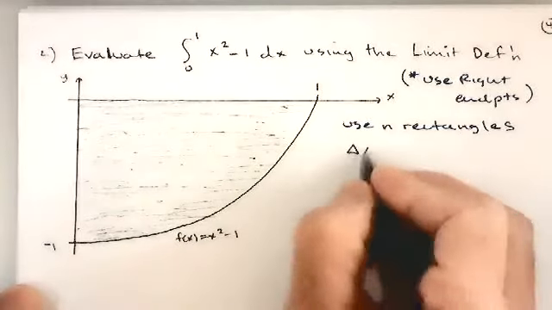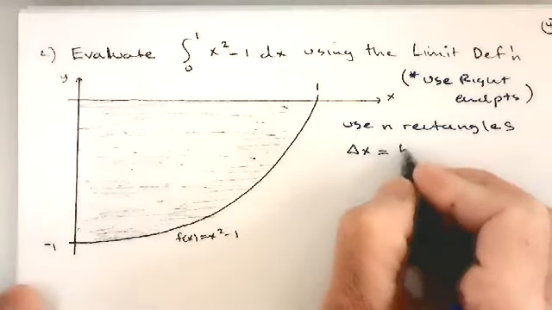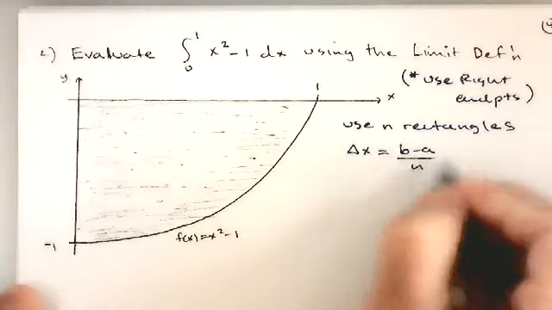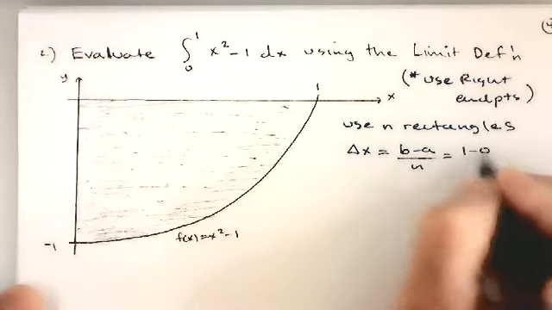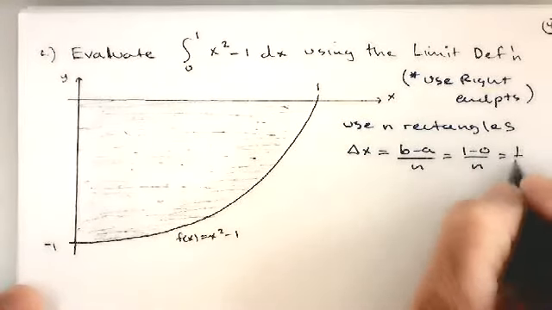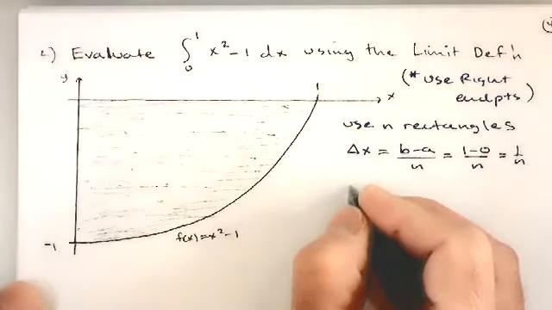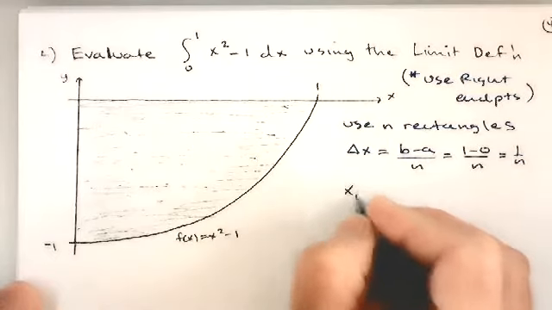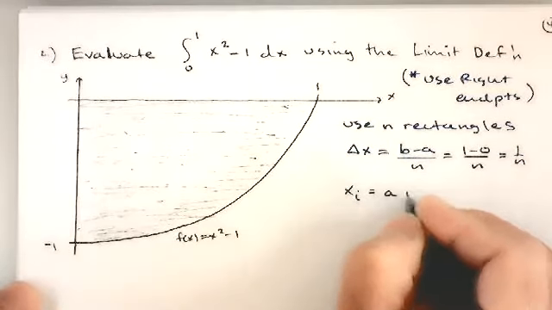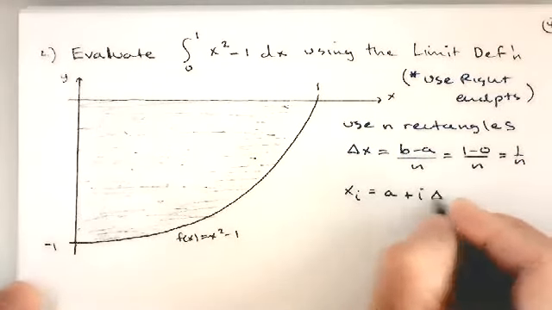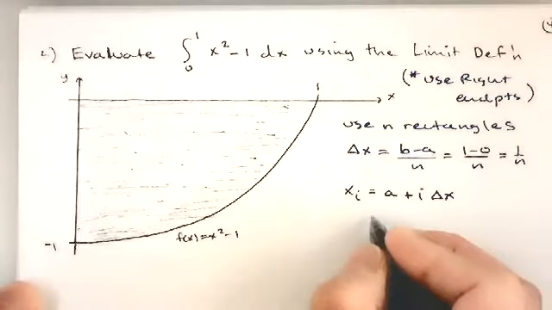Our formula for delta x is still the same, b minus a over n. So that's 1 minus 0 over n, which is 1 over n. And remember what I told you for right-hand endpoints, your x sub i is always going to be a plus i times delta x.